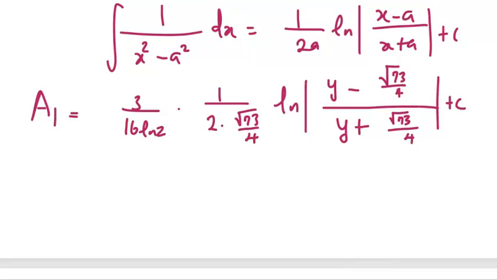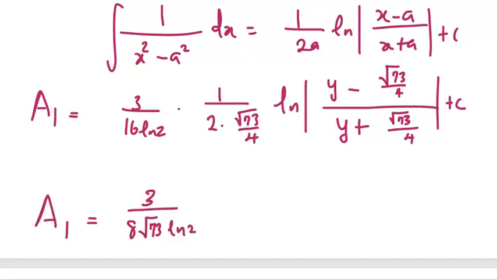So simplifying properly, you're going to have a sub 1 is equal to 3 all over 8 square root of 73 ln of 2.